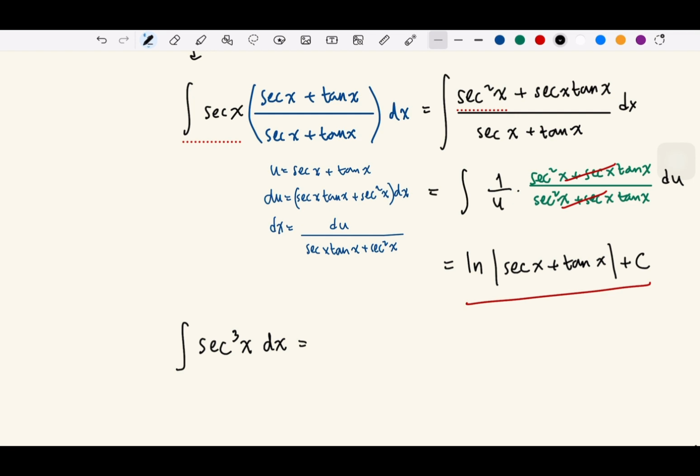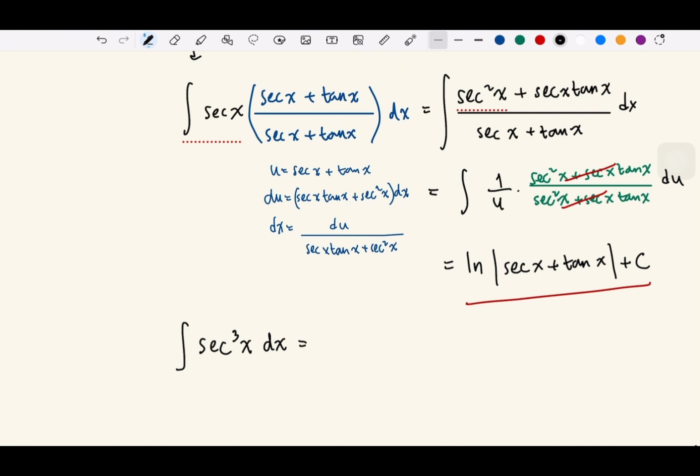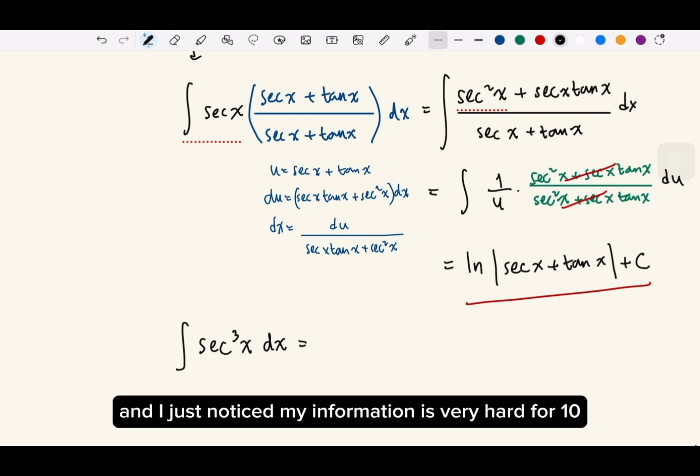Anything? Any idea? Like this question, if this happened in your exam, even though it is a small integration, this is very hard.